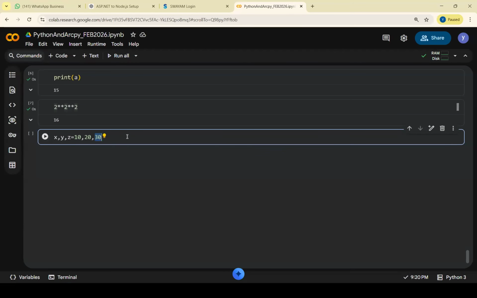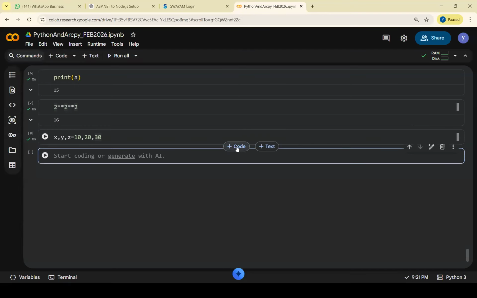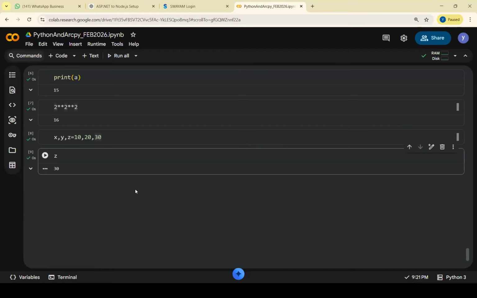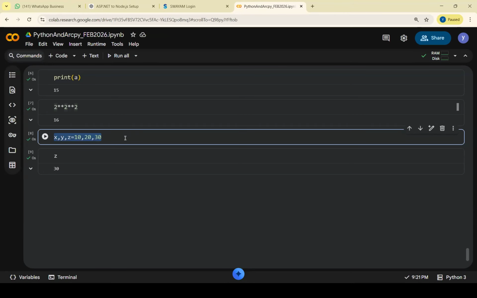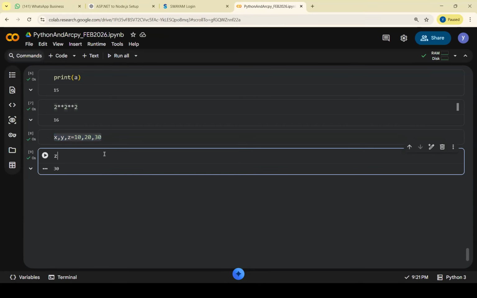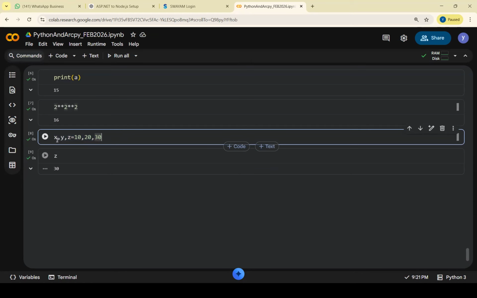If I execute this line and see the value of z, it is 30. So x is 10, y is 20, z is 30. These are all types of shortcuts we have in Python. If you want, you can write like this, or you can simply write x is equal to 10, y is equal to 20, z is equal to 30.